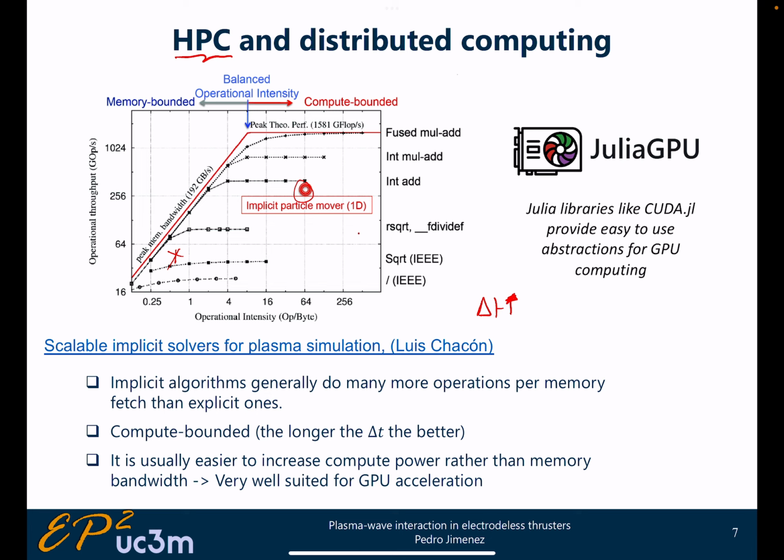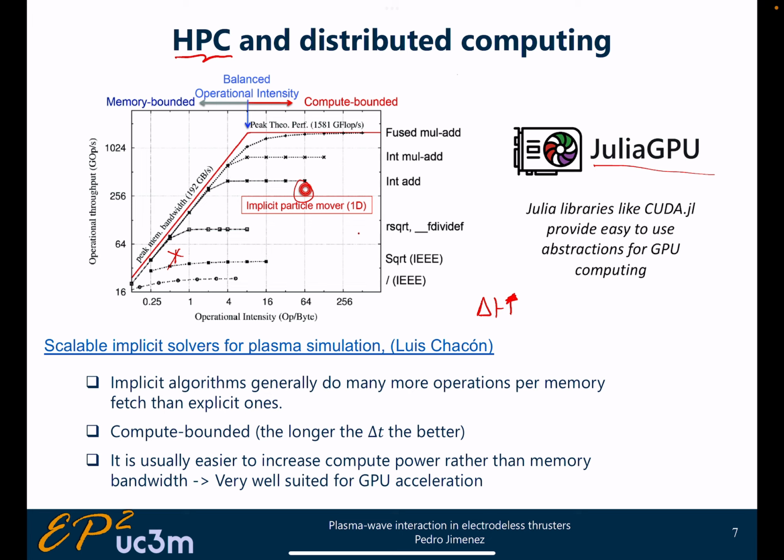So this means that you are no longer memory bounded, you are compute bounded. Basically, this opens a possibility to use acceleration like GPUs and massive parallelization, because it's much easier to increase your computing power than your memory bandwidth.